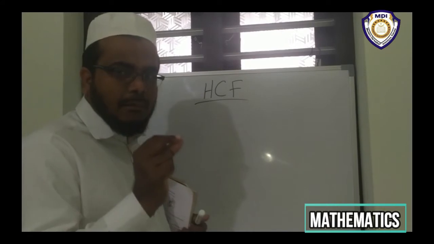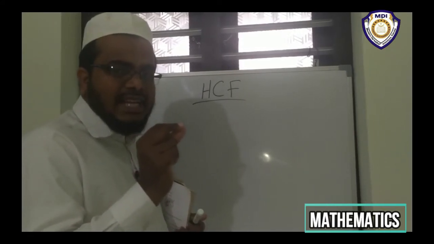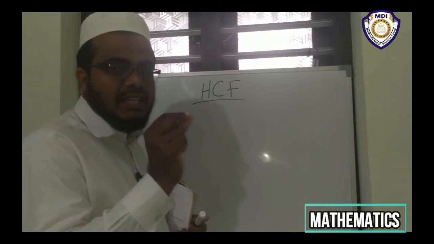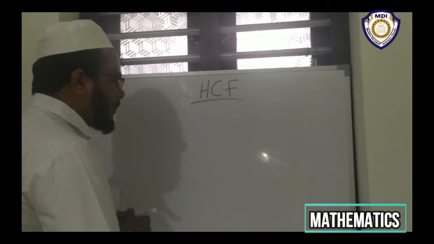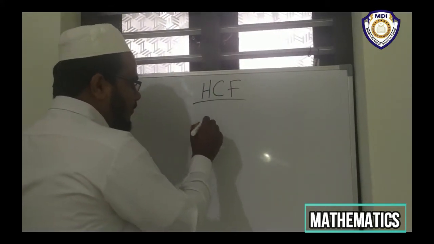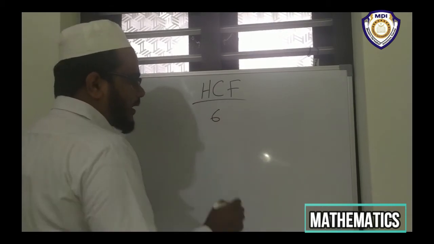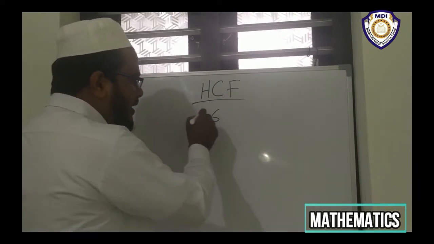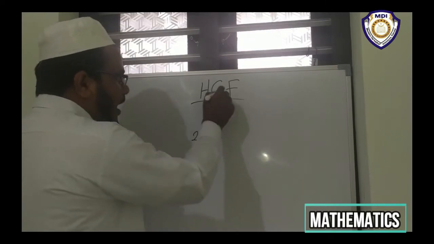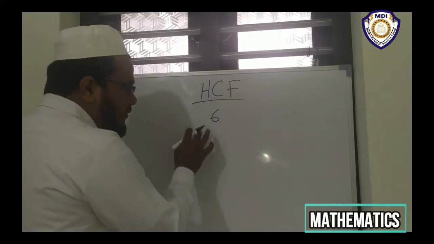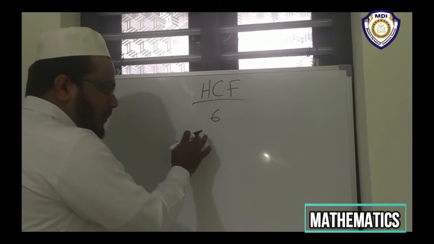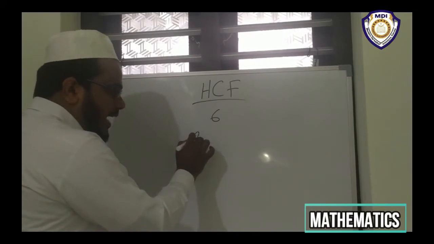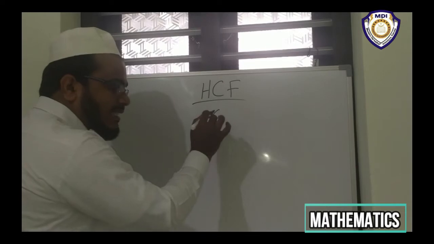Factor is a number which divides the given number exactly. For example, 6. 2 is a factor of 6 because 2 can divide 6 exactly.